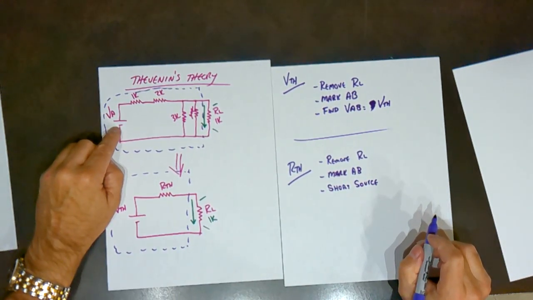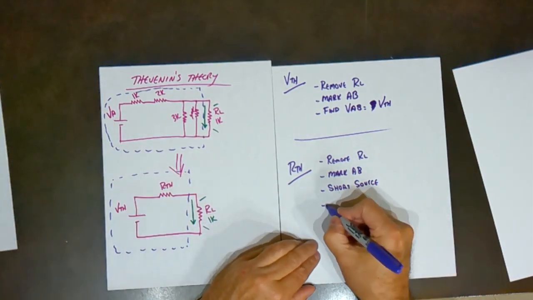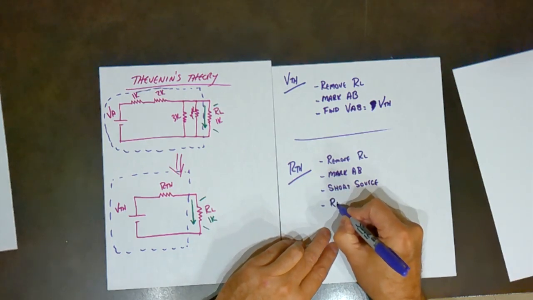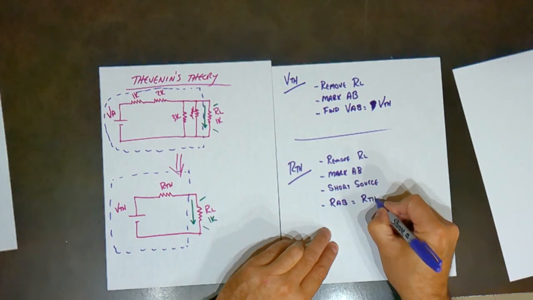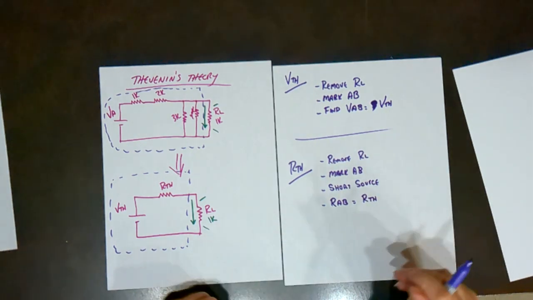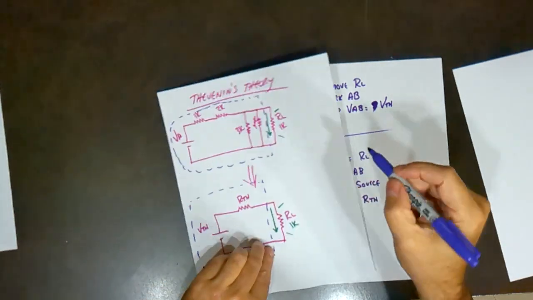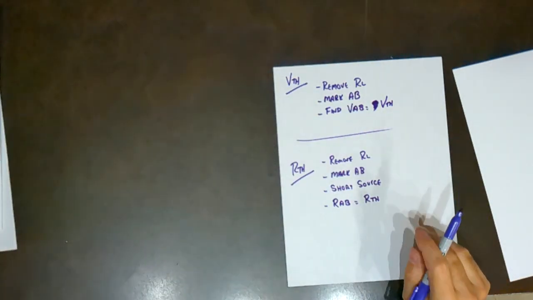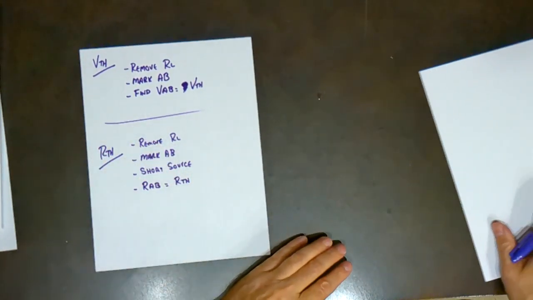So we're going to short out the power supply. With the power supply shorted out, we find the resistance from A to B, and that resistance is Thevenin's resistance. So I'm going to take this example and we'll walk it step by step now that we have the instructions.